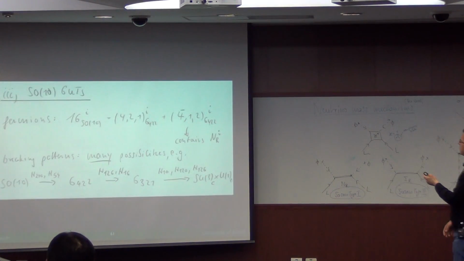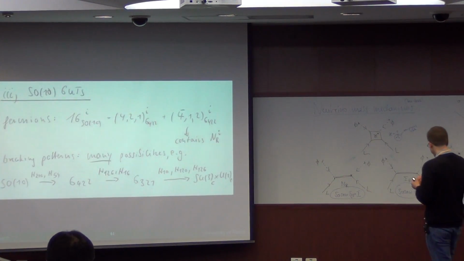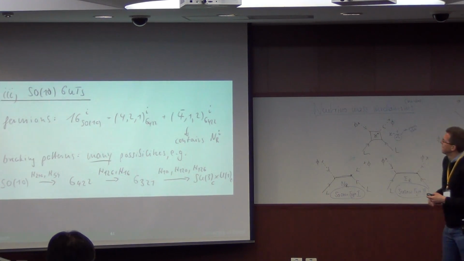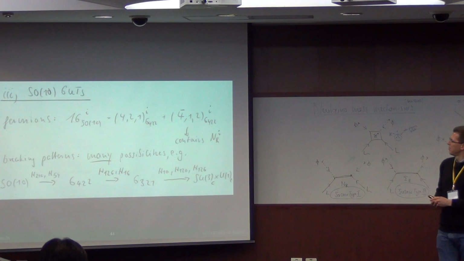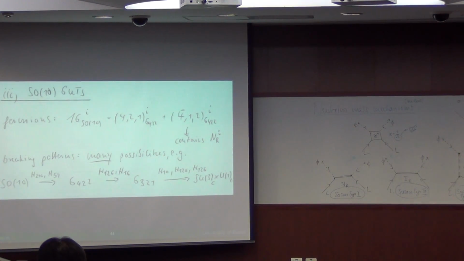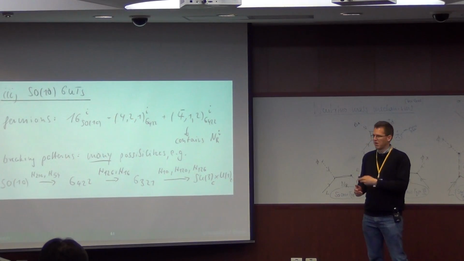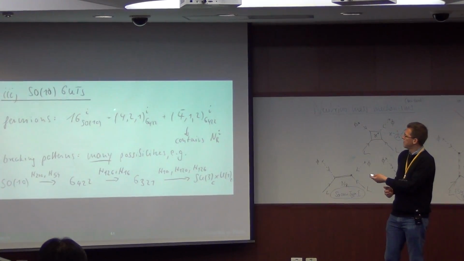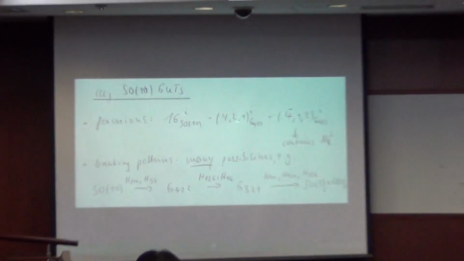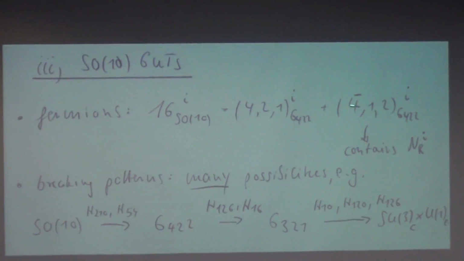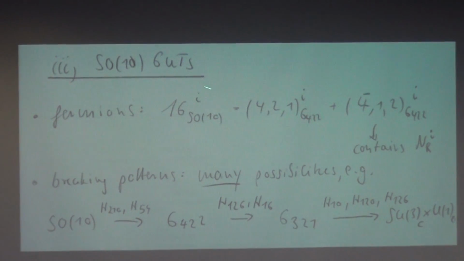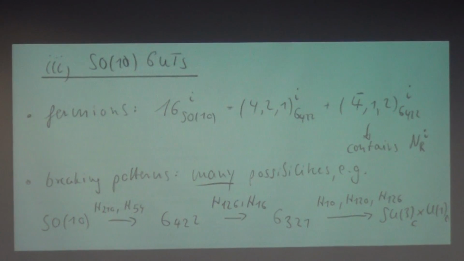Okay. So now the final step is to go to SO(10) GUTs, where you now have the situation, which is a very attractive feature of SO(10) GUTs, that you can take these two left and right Fermi representations of Pati-Salam and combine them into one single representation per family in SO(10).